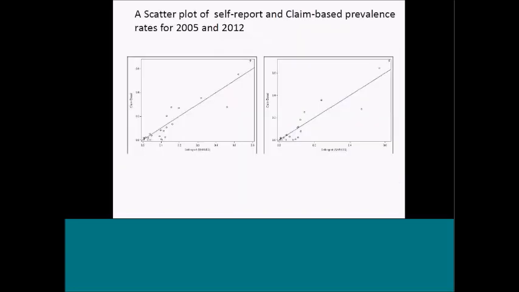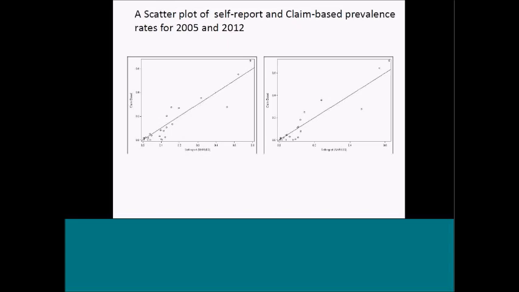Here is the scatter plot of self-report and claim-based prevalence rate for 2005 and 2012. So you can see that all those lines below the 45-degree line are the ones that are going to be calibrated. They're going to be moved up because they're all underestimated.